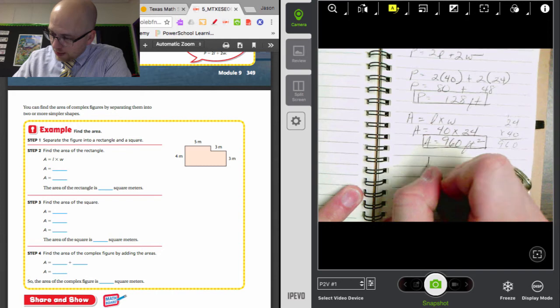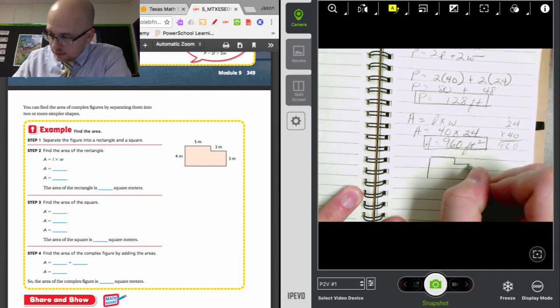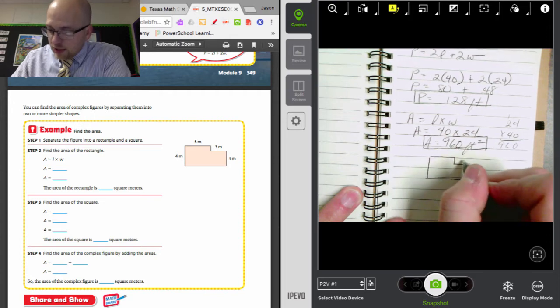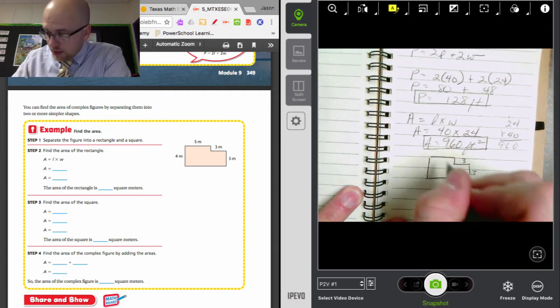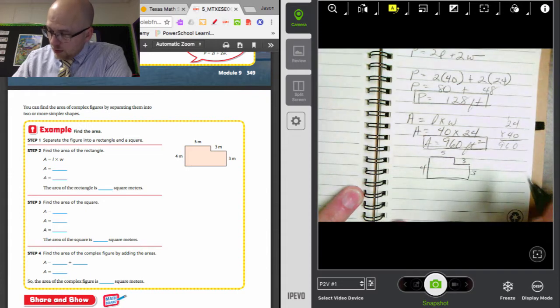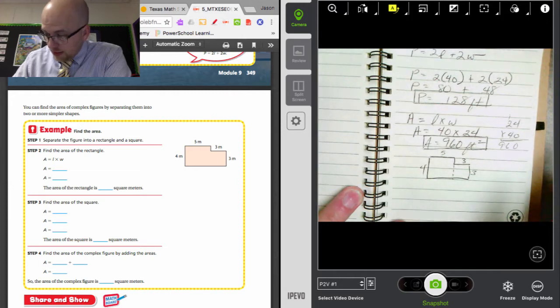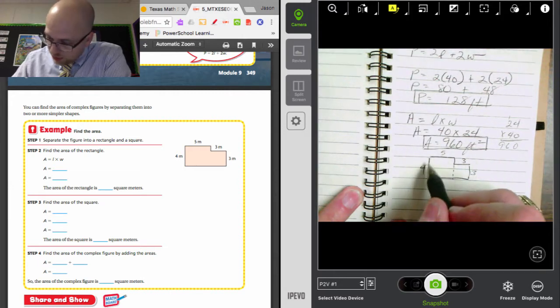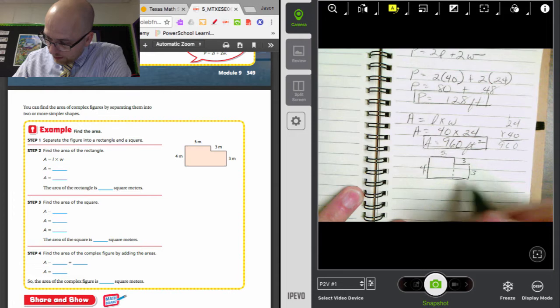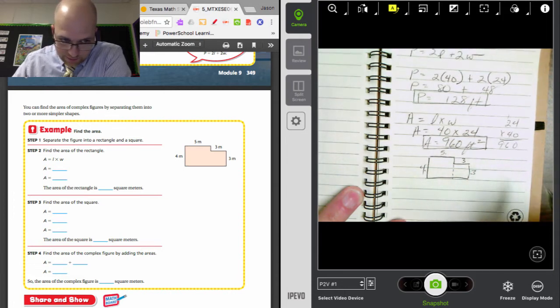We have our shape right here. This is 3, this is 3, this is 5, and this is 4. Well, I could draw an imaginary line right here. Now I have two rectangles. This one is 5 by 4, and this one is 3 by 3, which means it's actually a square.